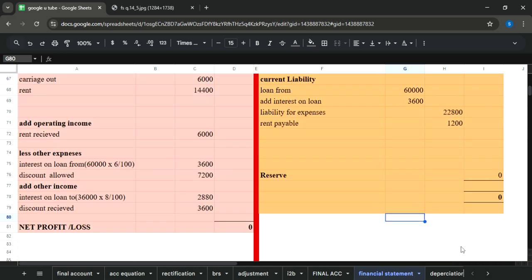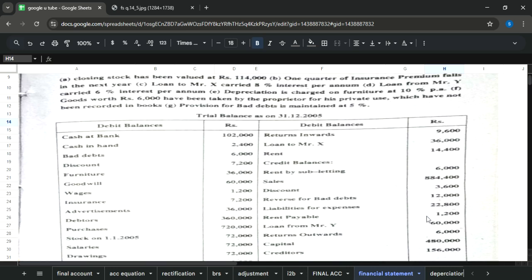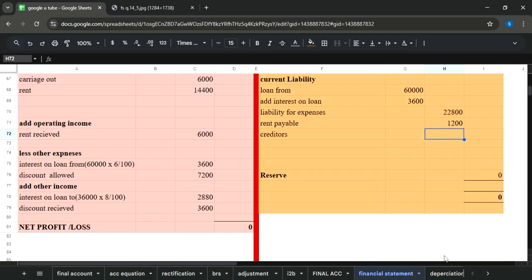So you will come over here and write creditors. Amount of creditors 156,000.